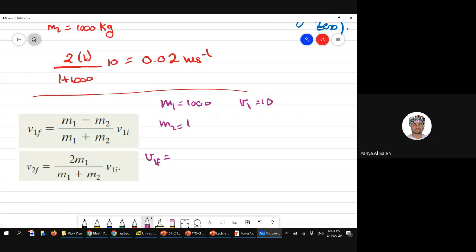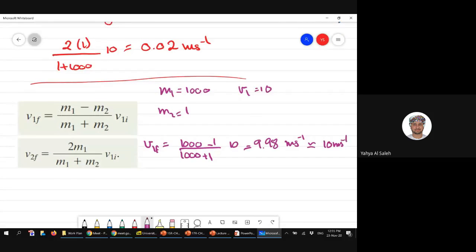V1F, so the big ball, will be 1000 minus 1 over 1000 plus 1 times 10, which is equal to 9.9 something. 9.98. Which is almost 10 meters per second. Okay, so almost the same.